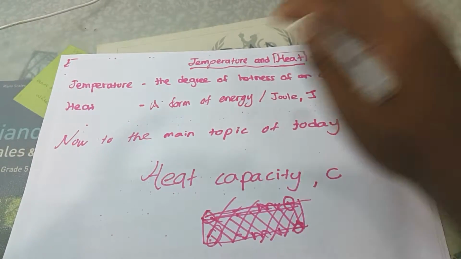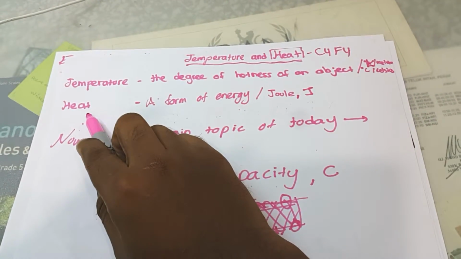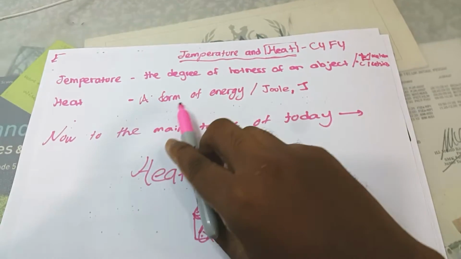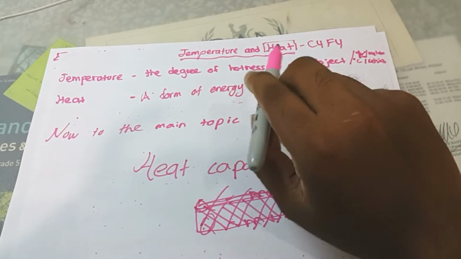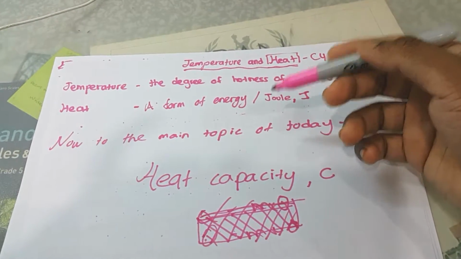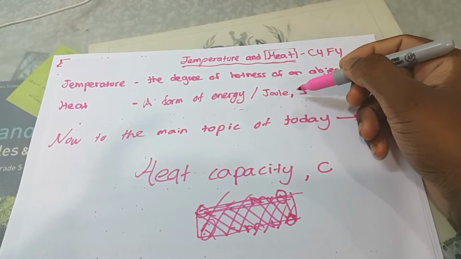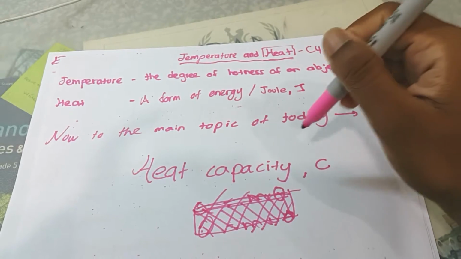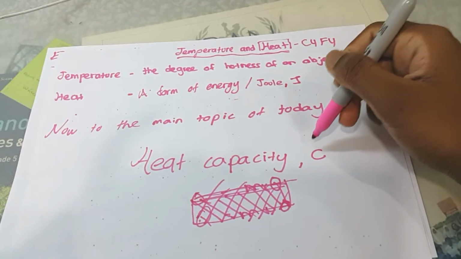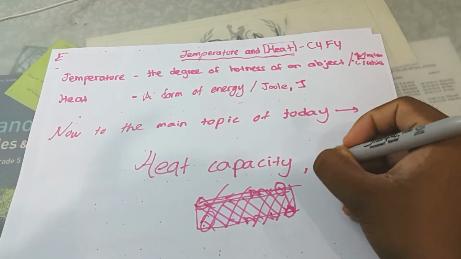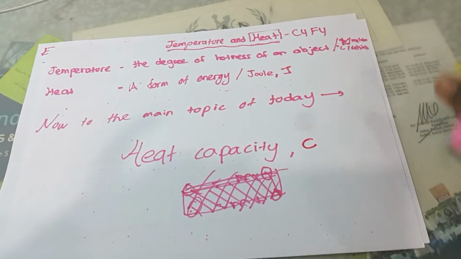Heat is defined as a form of energy, so its unit is joule, represented by a capital J. Now to the main topic of today, which is heat capacity, usually represented by a lowercase c. Okay?